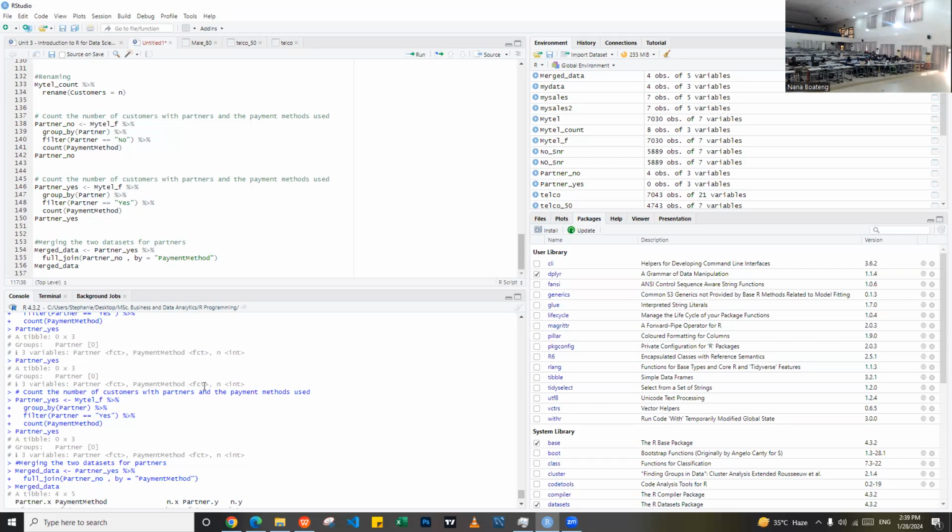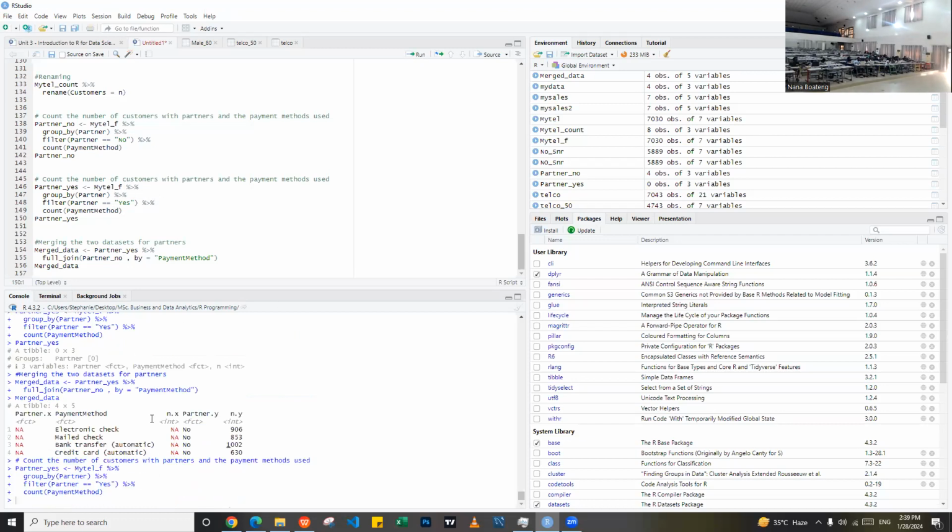Line 146. And then run it to the next. Okay, so this is the partner, yes. When I run it, it comes, then when I run the partner, yes.